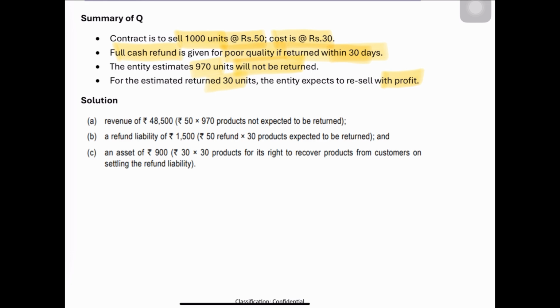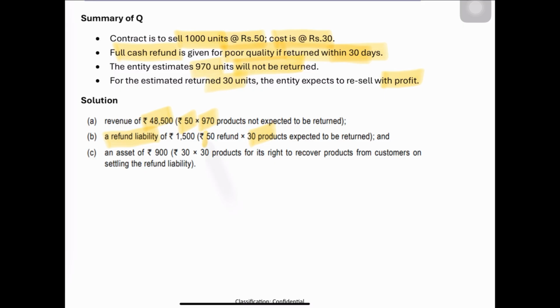So here the revenue will be 48,500, which is 50 rupees per unit into 970 units. That's the base revenue that can be recognized. And we have to recognize a refund liability because the entity estimates that 30 units will be returned. Whatever amount received for those 30 units is not revenue, but a liability.